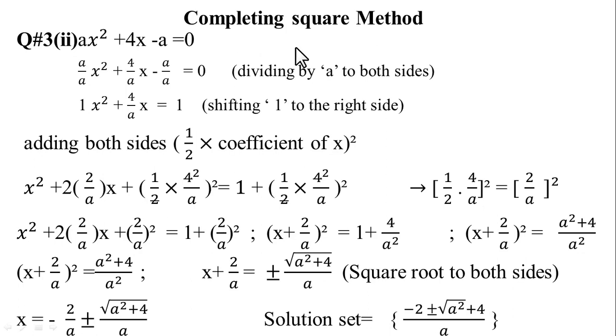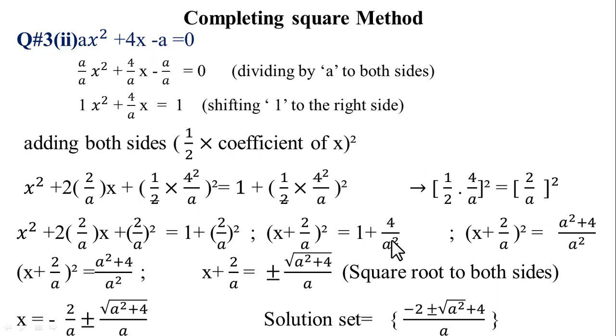Here the equation is given as ax² + 4x - a = 0. In the first step, we require the coefficient of x² to be 1, but here it is a, so we divide the whole equation by a.